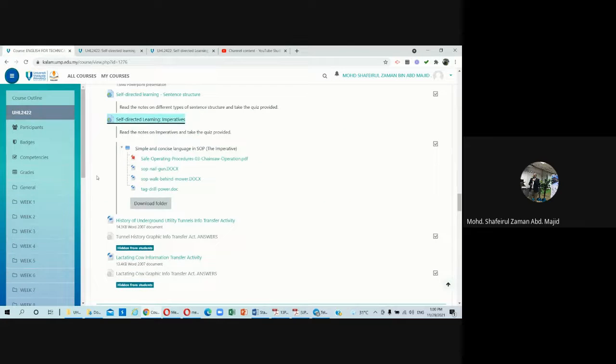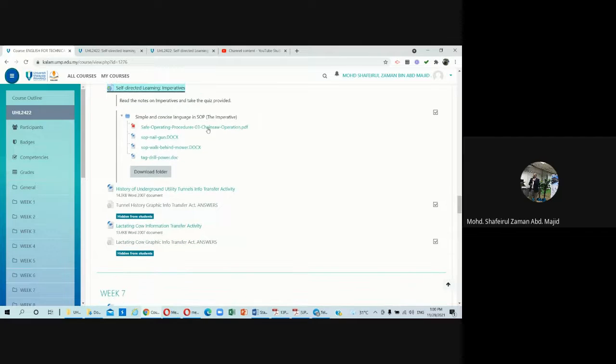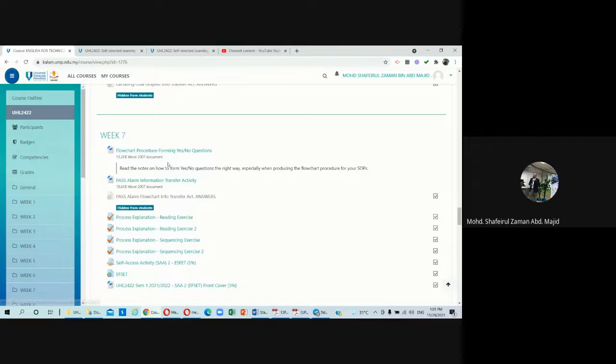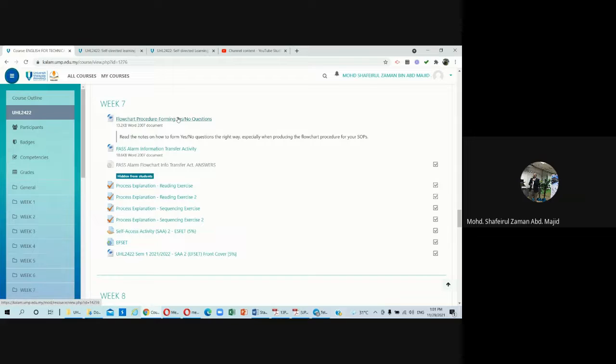You can also look at the example given here for each of the SOP: chainsaw operation, nail gun, lawnmower, and drill power. And we have additional activities for history of underground utility tunnels, lactating cow information transfer activity, yes/no question, this is flowchart, and pass alarm information transfer.